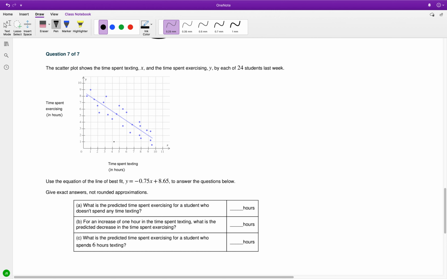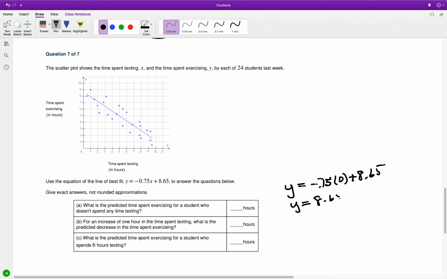So if you have no time spent texting, and I have the equation of the line of best fit, then y equals negative 0.75 times 0 plus 8.65.